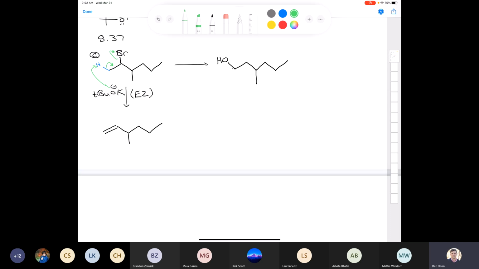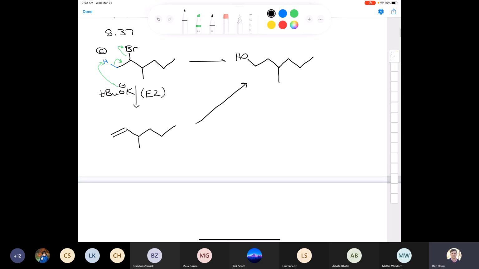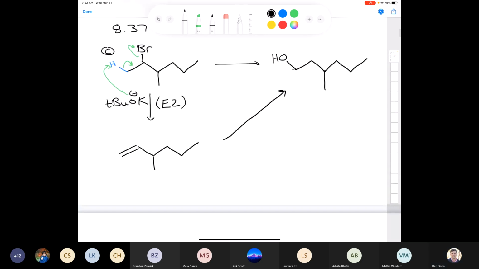Then how am I going to get from this terminal alkene to the primary alcohol? What would I do to affect this transformation? Yeah, absolutely, Josh.